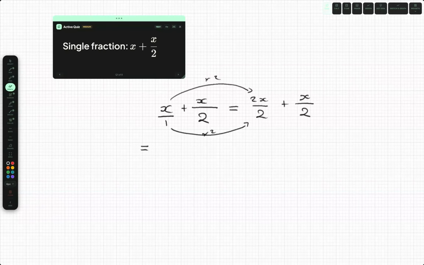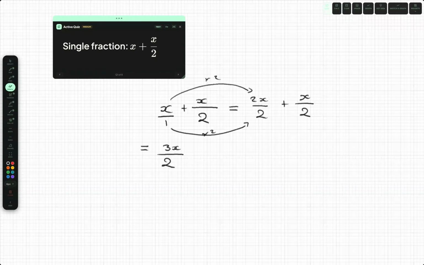And now that they have the same denominator, we can simply add them across. So let's do that now. So 2x plus x is 3x, and then that's all over 2. Now, because there's no common factor here, we get to leave this the way that this is, and that's our answer to this particular question.